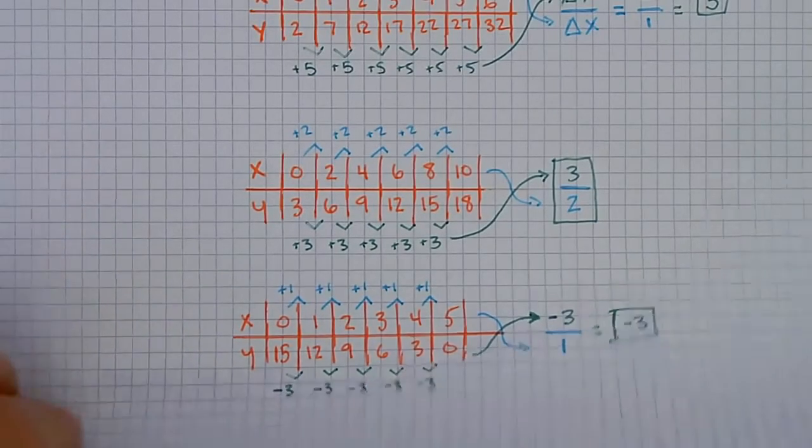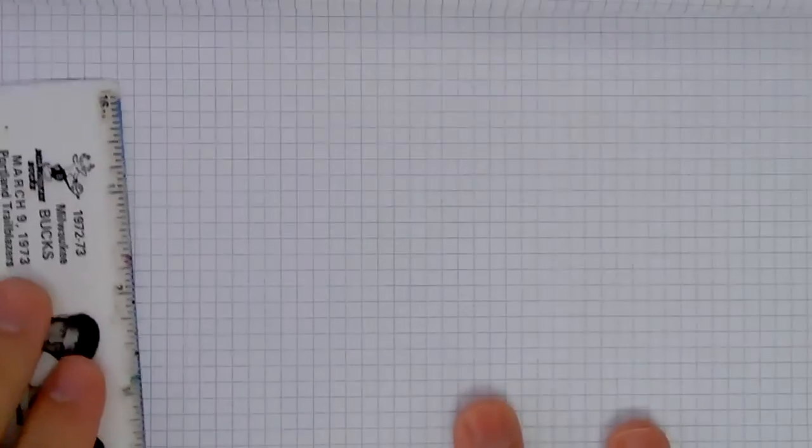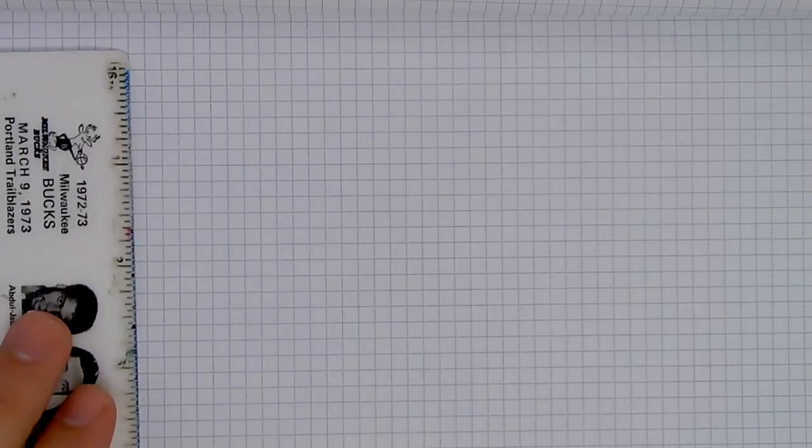Usually what'll happen is you'll be given a graph and be asked to find the slope. So let's take a look at when you are given the graph. It'd be a little tough if you don't have graph paper, but I'll give you some points.